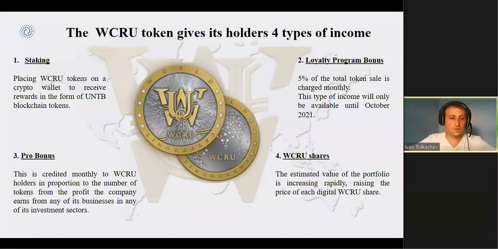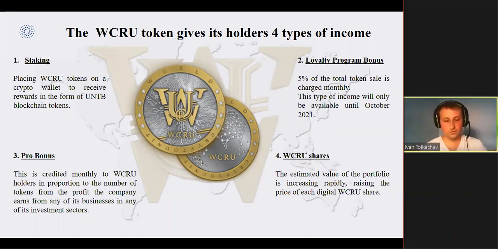There is the profit bonus accrued to WCRUs. What does it mean? The profits generated monthly by each company that is a part of the global investment portfolio, the percentage of these total profits is paid proportionally to WCRU holders, in proportion to the number of tokens they have.